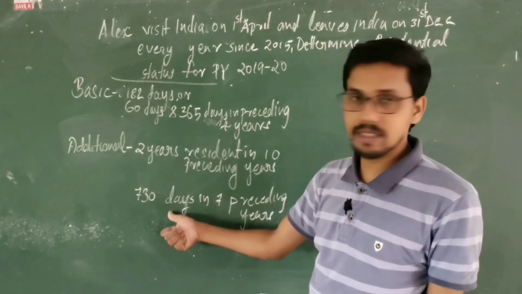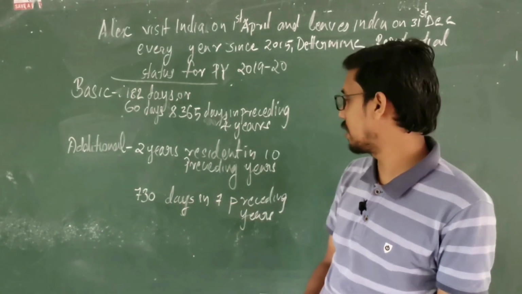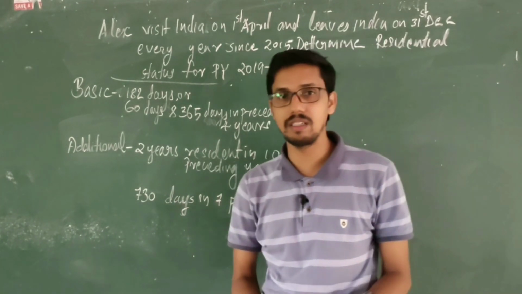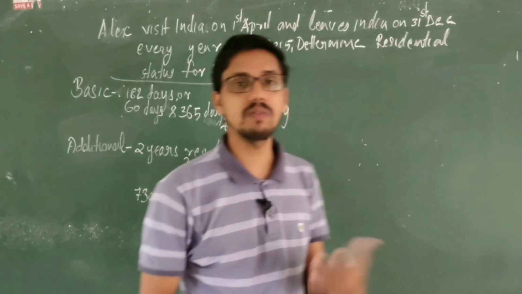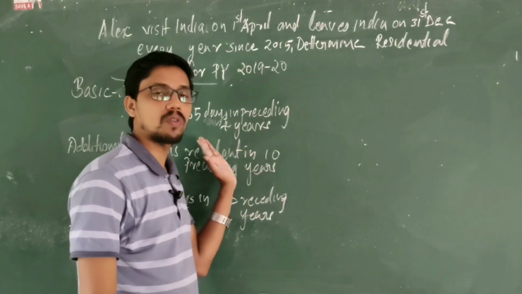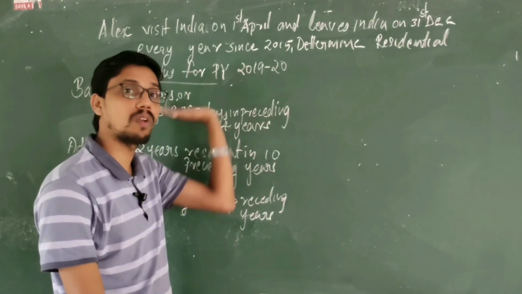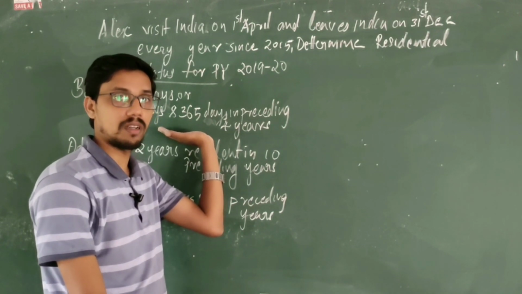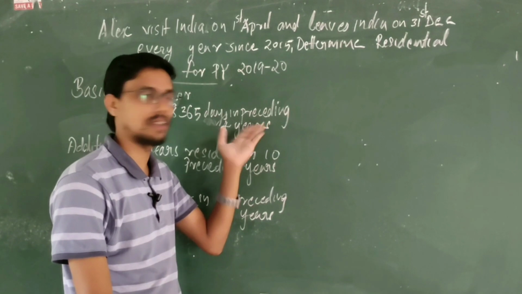The second condition is he shall stay in India for 730 days in the 7 preceding years. Let us check whether he satisfies these conditions. First of all, we check the basic condition: whether he satisfies 182 days in the relevant previous year. If he does not satisfy that, we can check the second condition also. If either of these conditions is satisfied, he will be a resident. Clear? Okay.